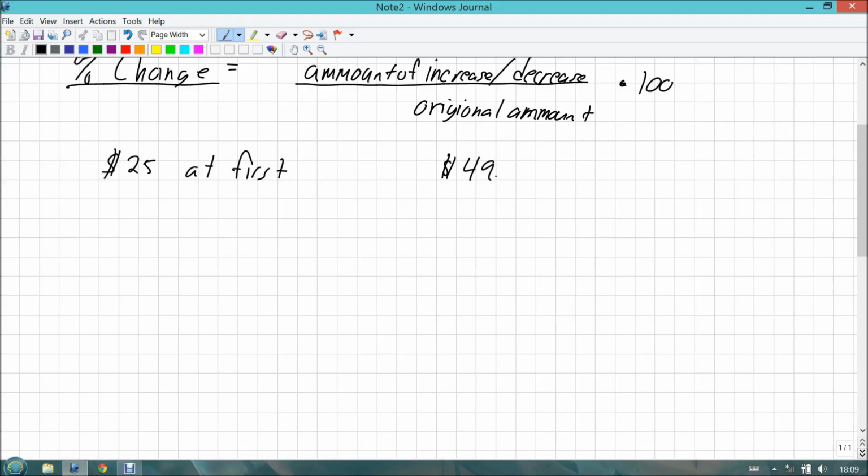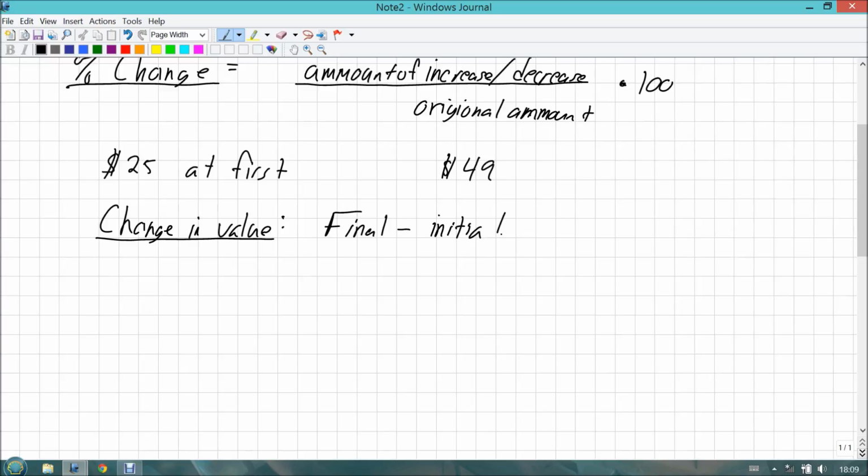Well, the first thing we have to do is find the amount of the increase or decrease. This is what is called a change in value. And the way you calculate your change in value is always final minus initial. So we take the final amount and subtract the initial amount, and that's how much it changes.